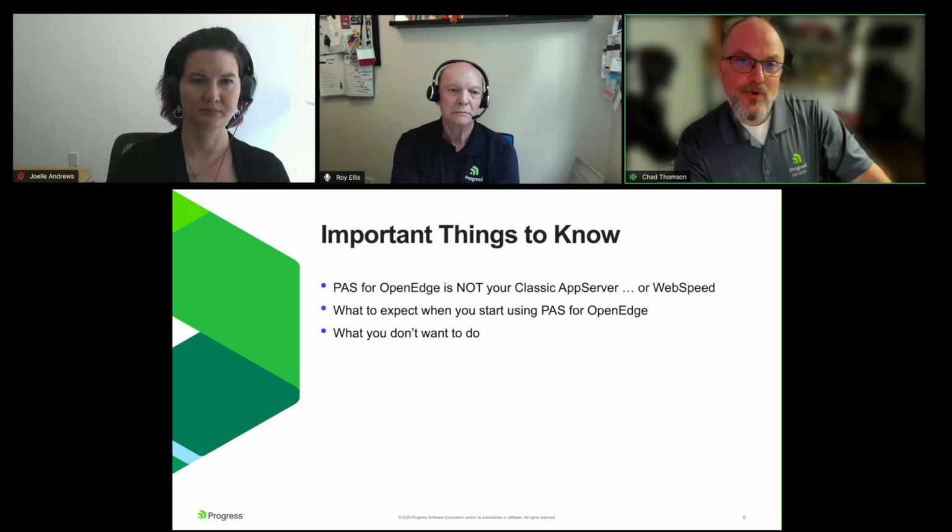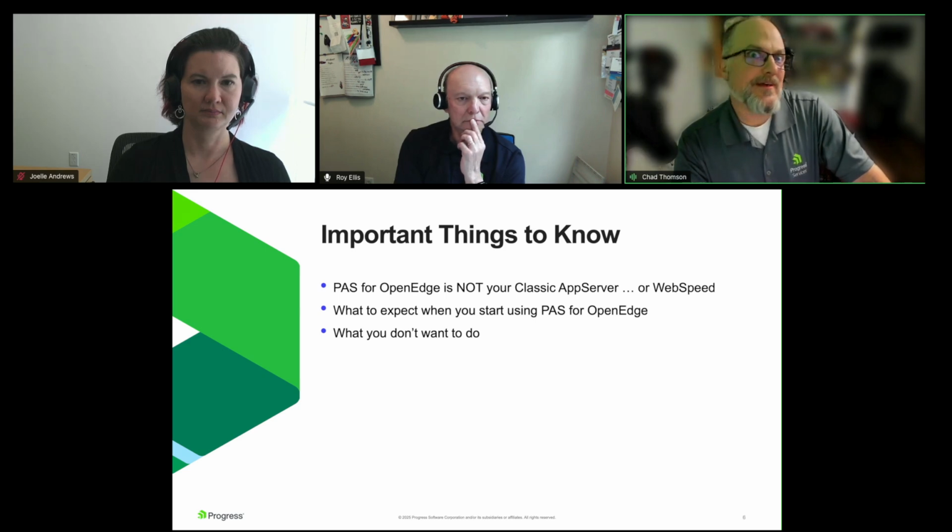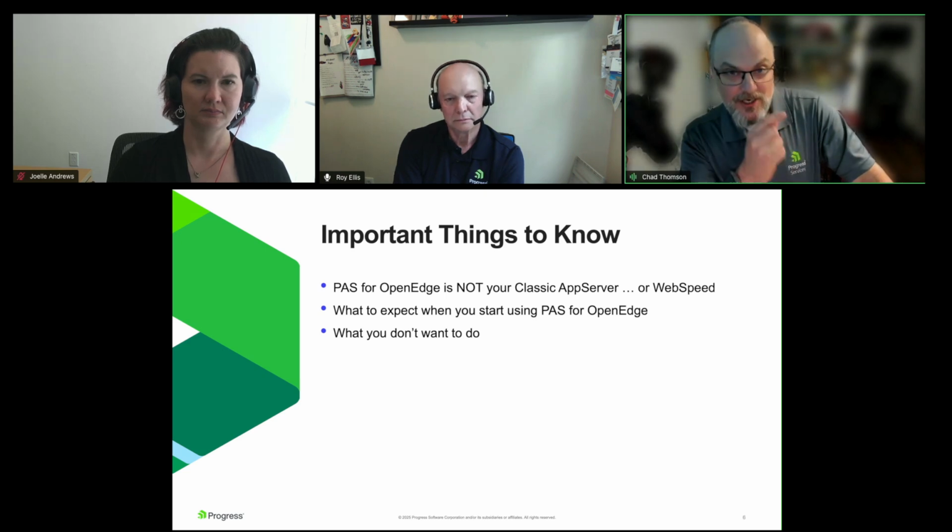And the other point, Roy, is with a lot of clients that I work with, with the Classic AppServer versus PAS multi-session agents, if you ran code and weren't the most diligent in cleaning up, say, mem pointers or things like that, you would see the agent session bloat a little bit, incrementally increasing the memory usage of each individual agent.